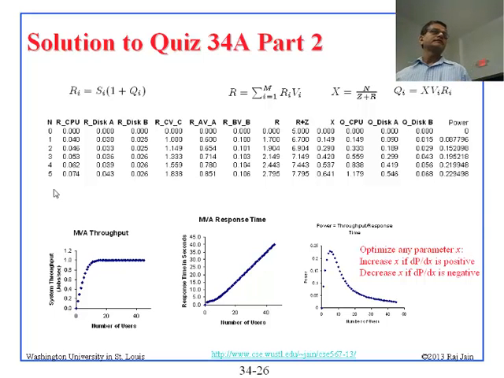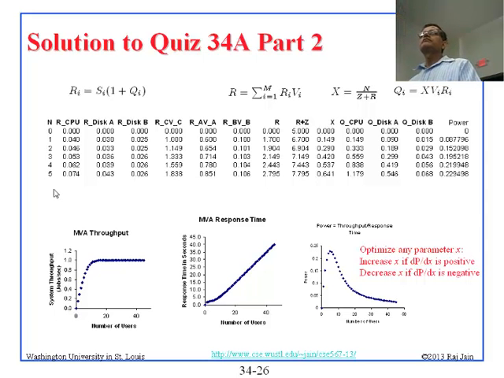Anybody finished? One row. Rao, are you in the second row or what?